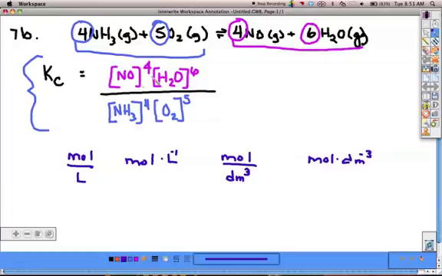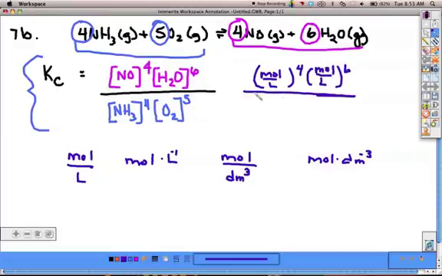And again, it's because each of these concentrations, moles over liters, this one's raised to the power of 4, this mole over liters is raised to the power of 6, moles over liters raised to the power of 4, and moles over liters raised to the power of 5. Everything cancels out except for 1 mole over liter. That will not always be the case, but in this instance it is.